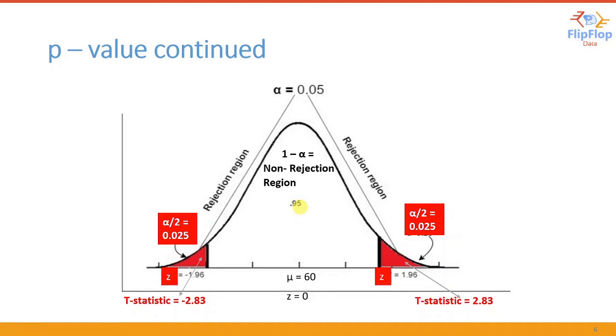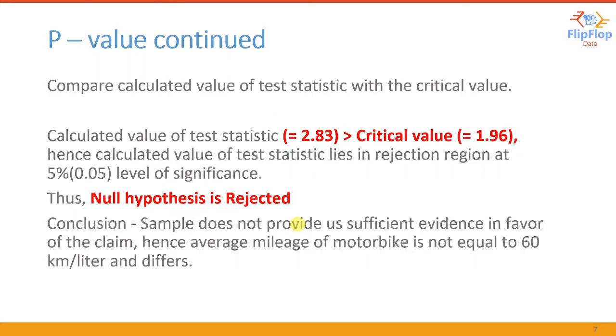So what we see over here is our calculated value of test statistic is 2.83, which is greater than the critical value 1.96.